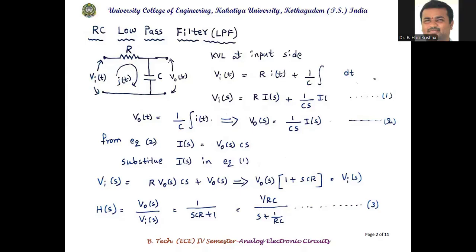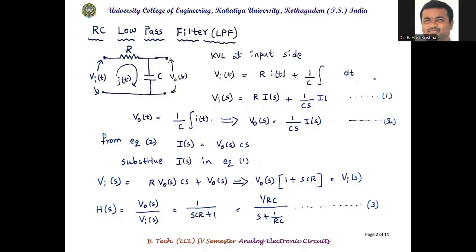So here 1 by Cs I of s. We'll take the output across capacitor. So V naught of t is equal to 1 by C integral of I of t dt. Applying Laplace transform to this, V naught of s is equal to 1 by Cs I of s.